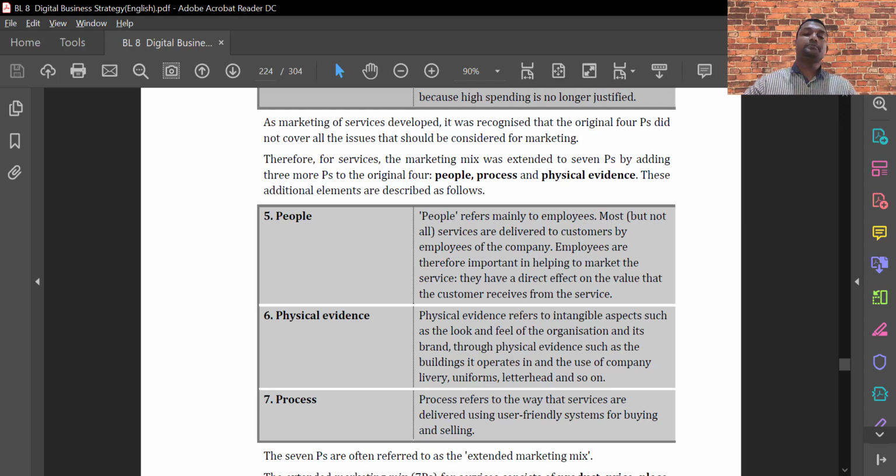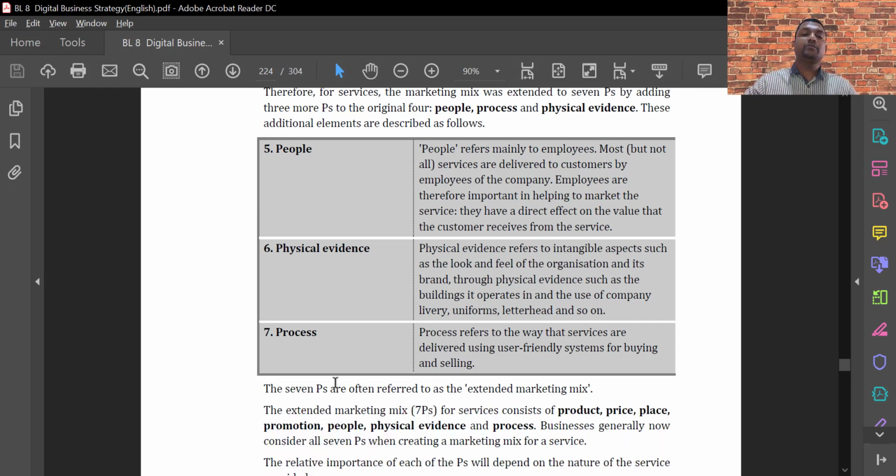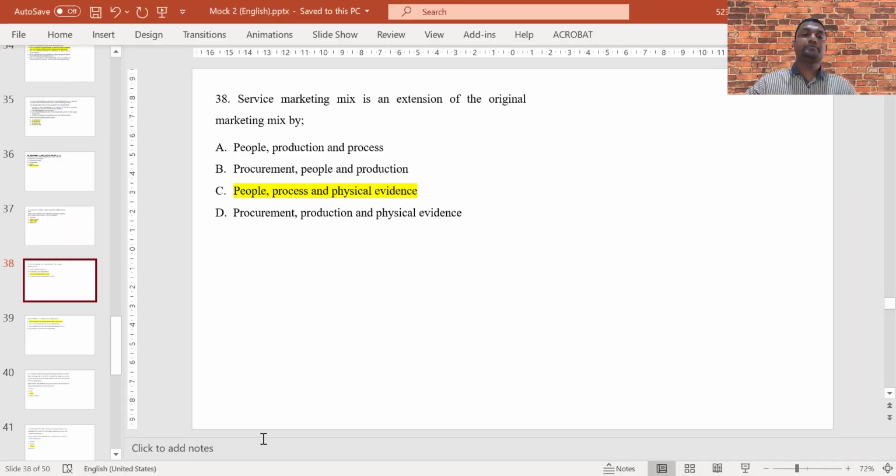And then for services, since it's not a tangible product, services will need to have a proper process, how the service will be delivered, and then customers will be able to understand what they are going to get. So these are the 3 things: people, physical evidence, and process. So people, process, and physical evidence. So the answer is number C.